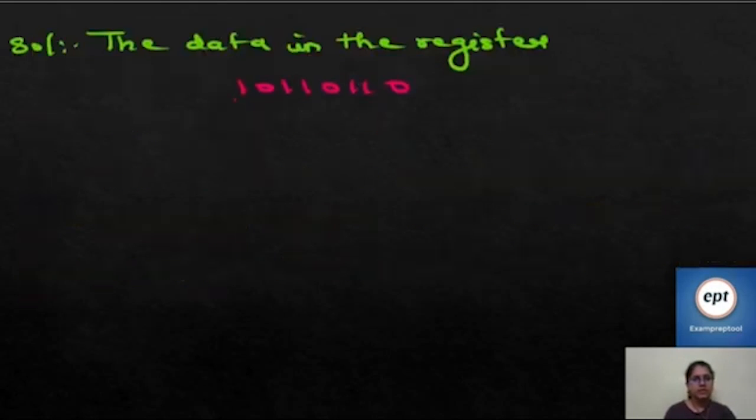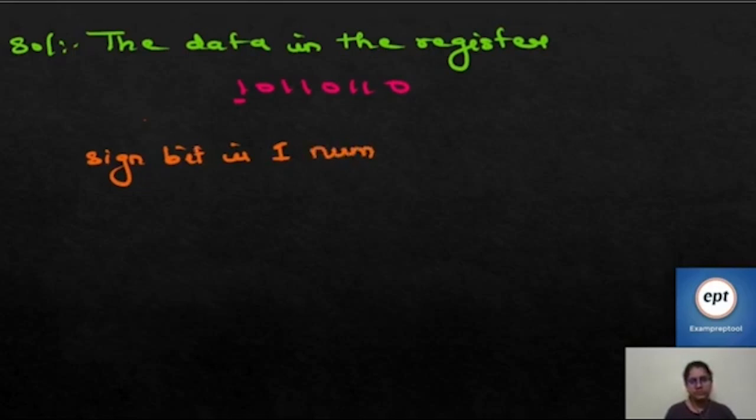Okay, now you can see here the first symbol is 1. So what does that mean? That means that the sign bit is 1. Okay, the sign bit is 1, so our number is negative.